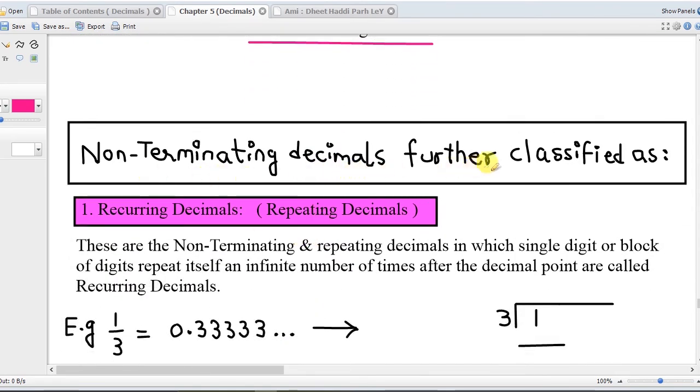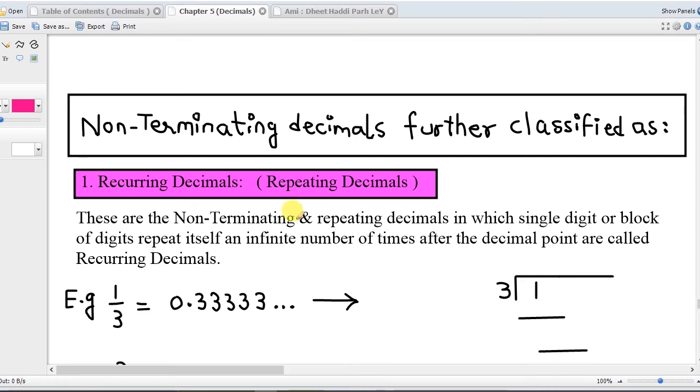Non-terminating decimals are further classified into two types, which are recurring decimals and non-recurring decimals. Recurring decimals, you can simply remember as repeating decimals. After the decimal point, the values keep on repeating themselves, right?